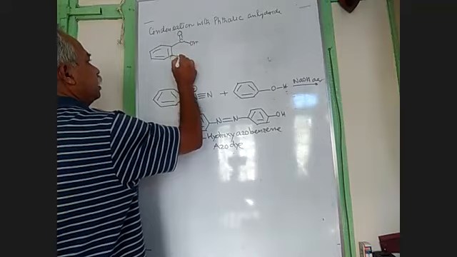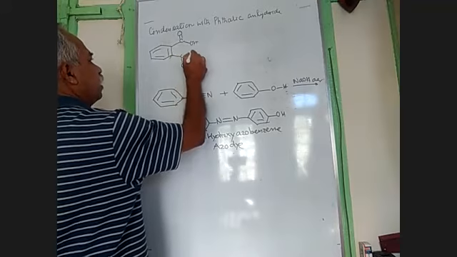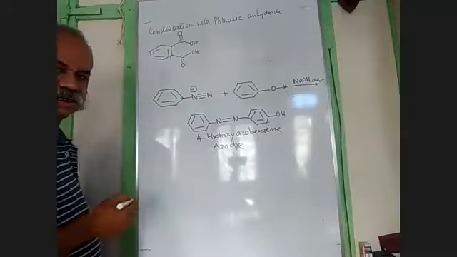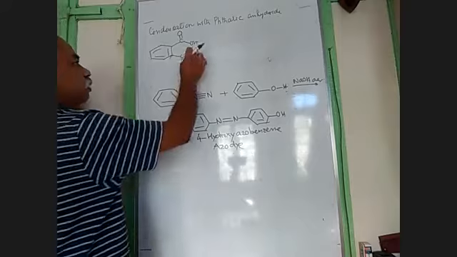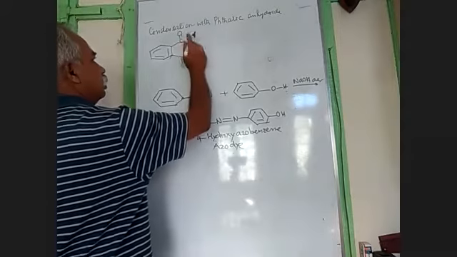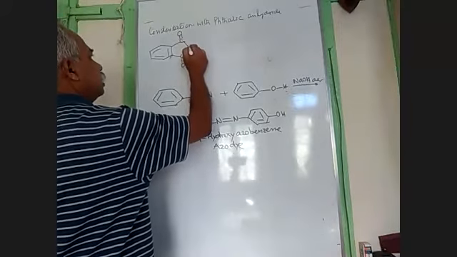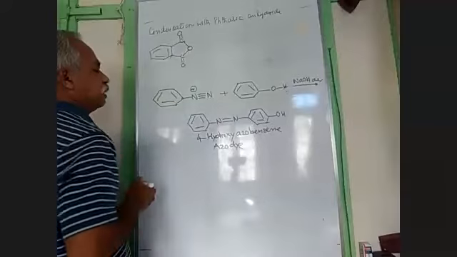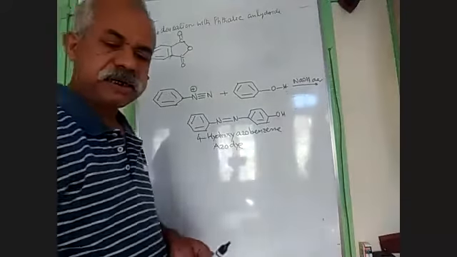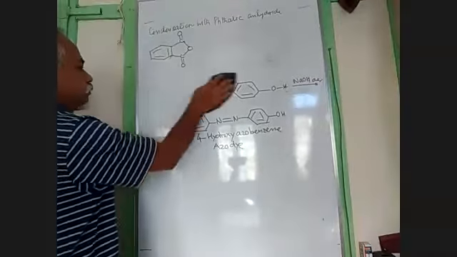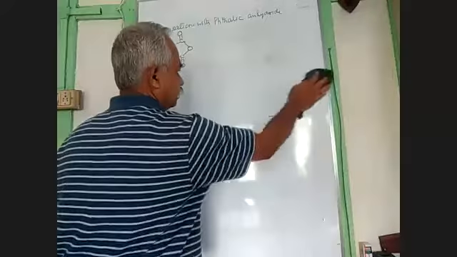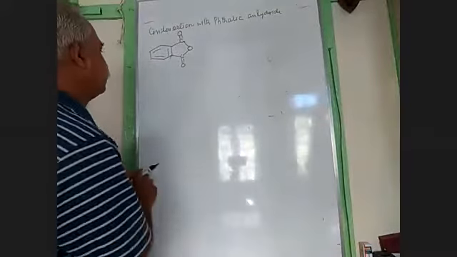This acid is called phthalic acid. If you heat it, one molecule of water goes out and it forms an anhydride. So this is called phthalic anhydride. All right.